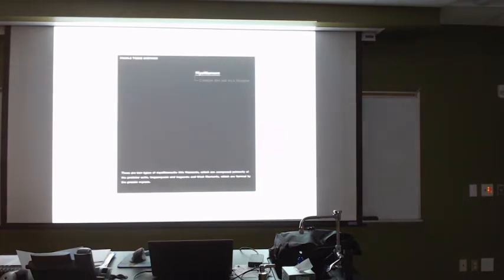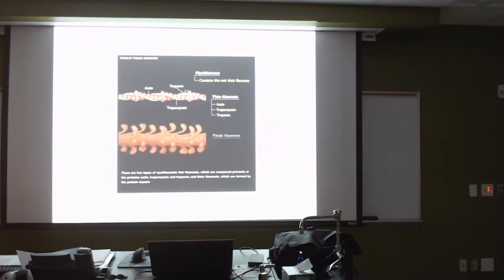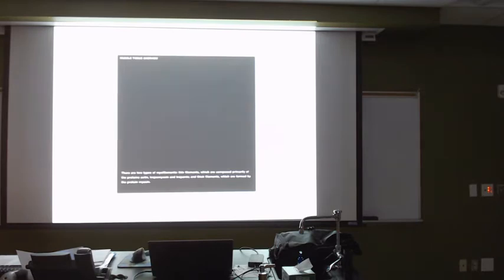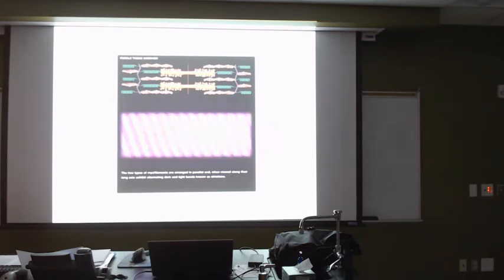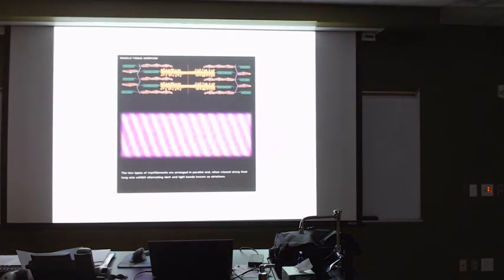There are two types of myofilaments: thin filaments, which are composed primarily of the proteins actin, tropomyosin, and troponin, and thick filaments, which are formed by the protein myosin. The two types of myofilaments are arranged in parallel, and when viewed along their long axis, they exhibit alternating dark and light bands known as striations.